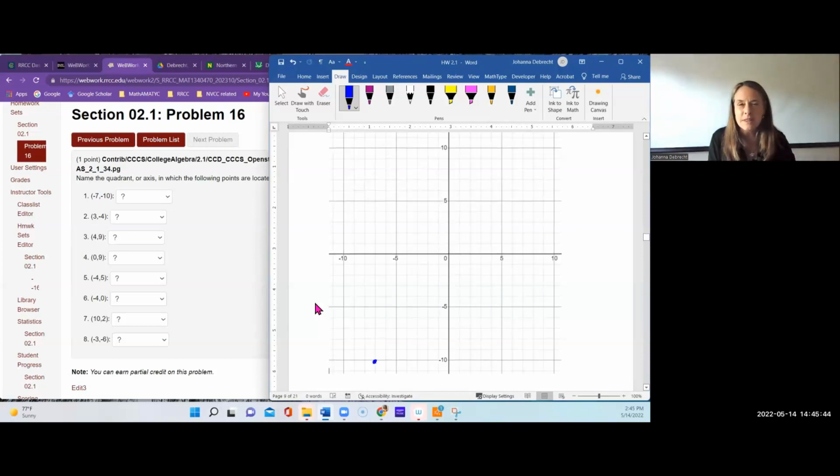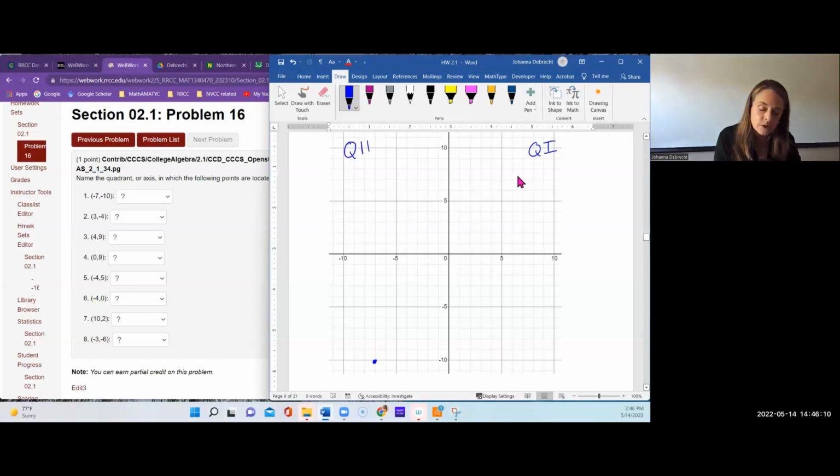Now, what's a quadrant? Well, a quadrant means you've divided it into 4. Quad, quarter, quadrangle, they all mean 4. Quadrants are named with Roman numerals starting in the upper right. So this is quadrant 1, abbreviated Q1.